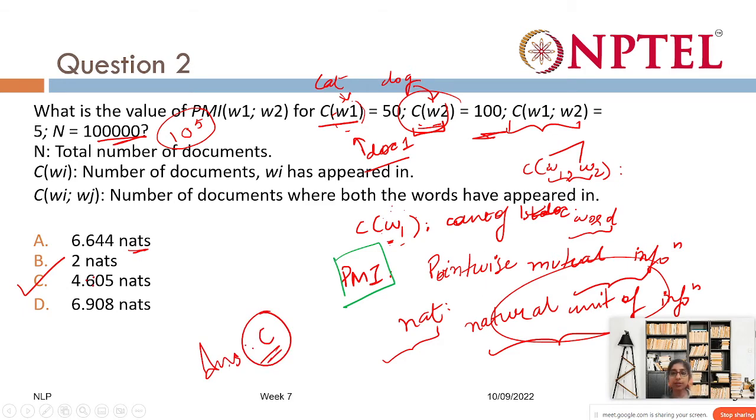I hope it is clear to all how we found this. Here we were given the count of the two words. We calculated the probability. How did we calculate the probability? That is count upon N: the count of the documents in which that word is appearing upon the total number of documents.